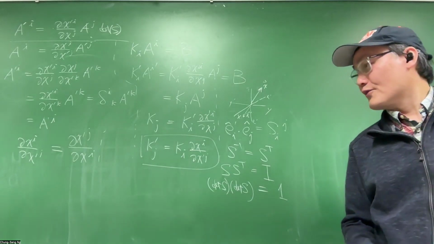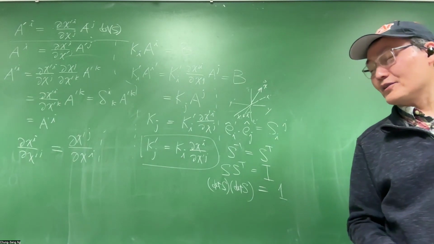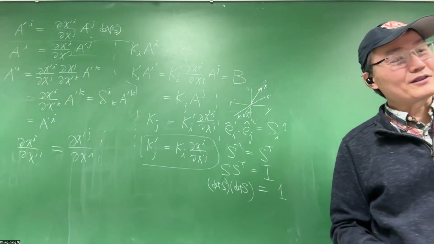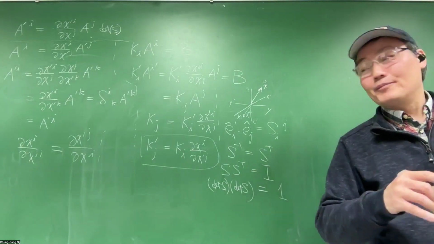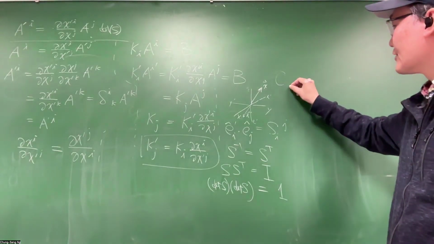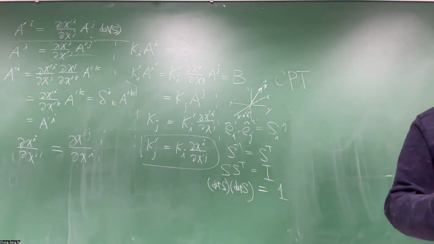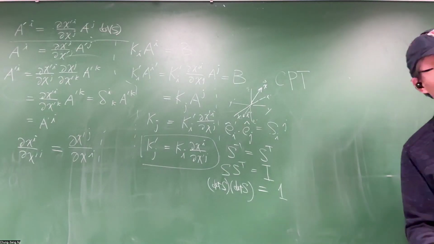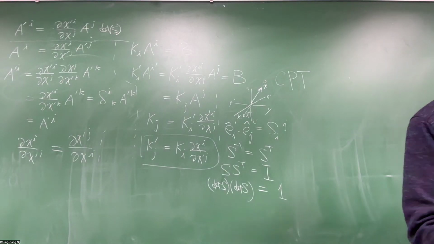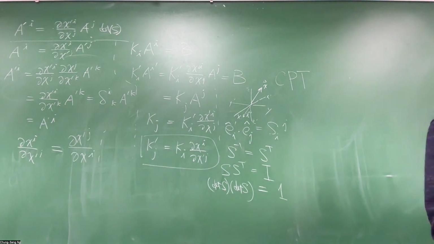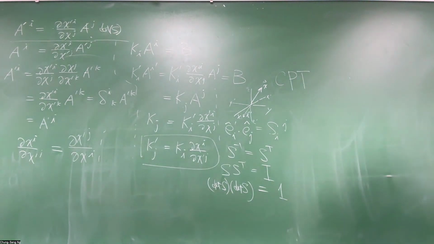So finally, what is valid is you combine C and P, changing the charge and the parity, combined with time. You need to reverse that also. That becomes valid again. So CPT isn't breaking down.